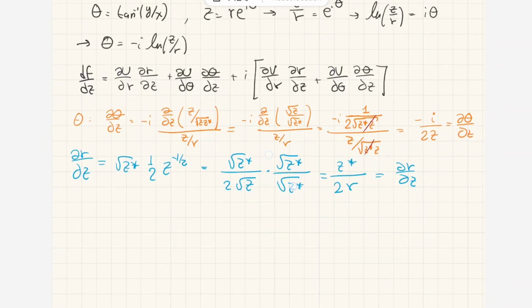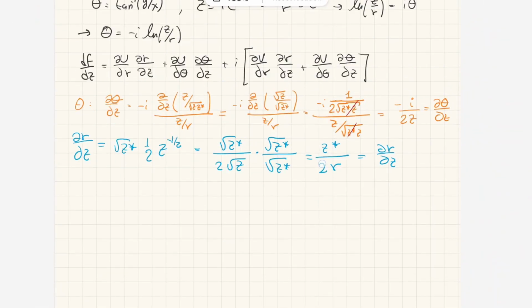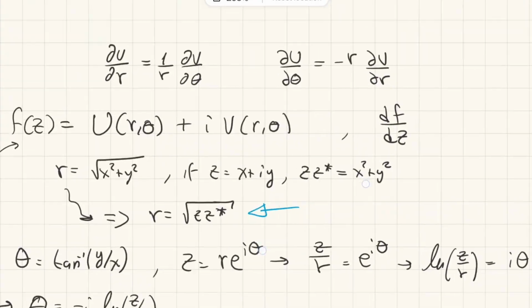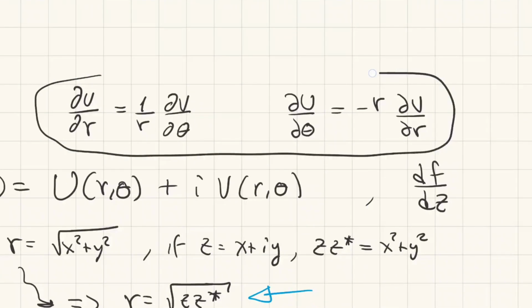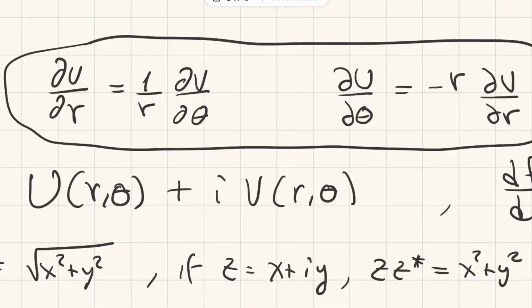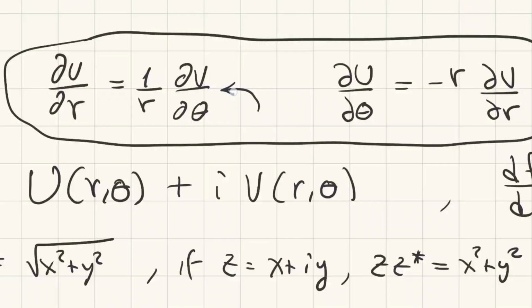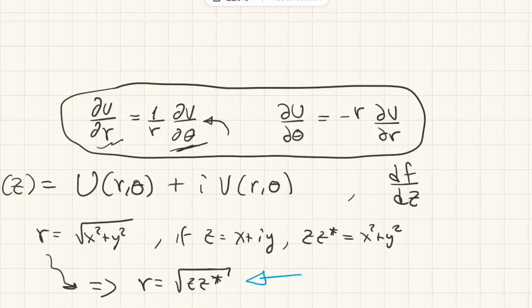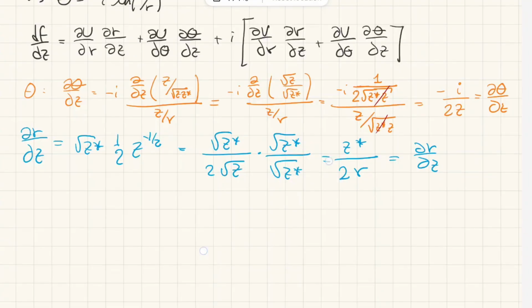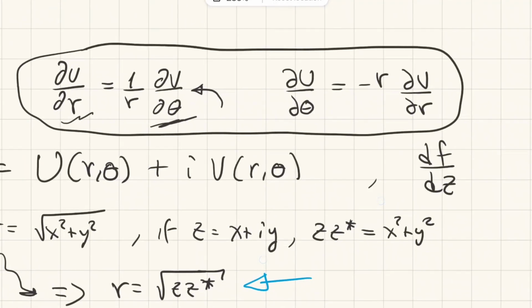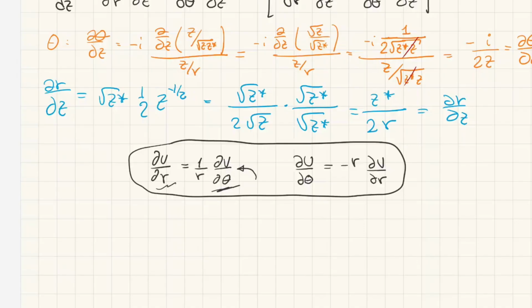We have seen in a previous lesson that the Cauchy-Riemann equations in polar coordinates are these over two that I have here. So again, if we have in the derivative of f a derivative with respect to theta, but we want to get an expression of only derivatives with respect to r, well, we can substitute this value with this other one, to only get derivatives with respect to r. So that is what we are going to do. So let me bring back the Cauchy-Riemann equations here. Okay, perfect. There they are.